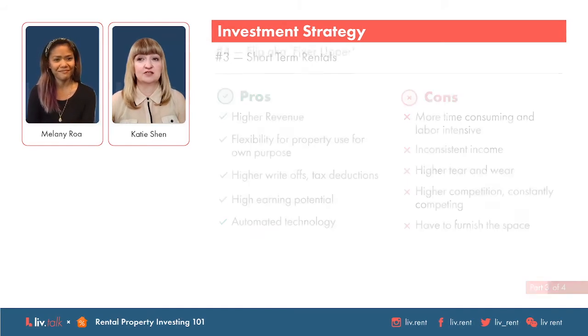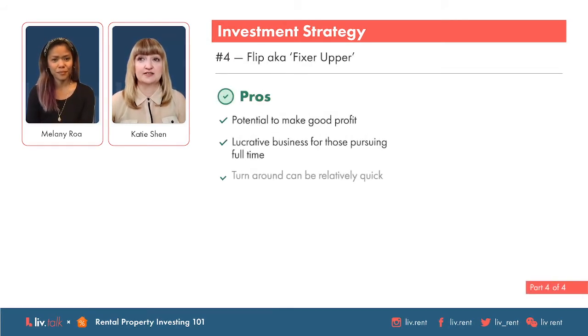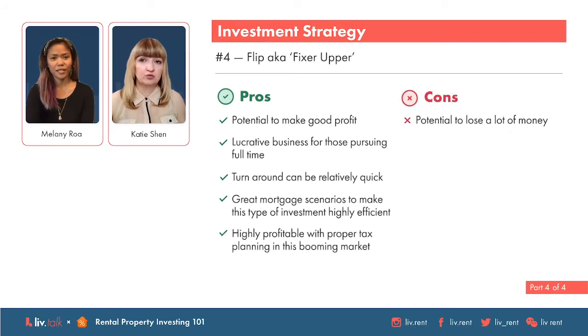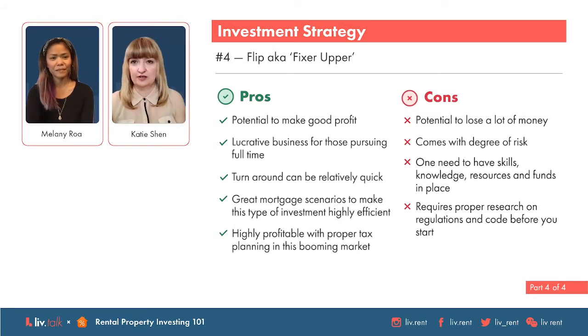Of course, it's a great opportunity to buy properties at a discount, do a little bit of work, and sell them for a significant profit. The potential is to make a good profit. The most obvious reason for flipping a house is to make money. For companies and individuals that do that full-time, flipping homes is a great strategy.